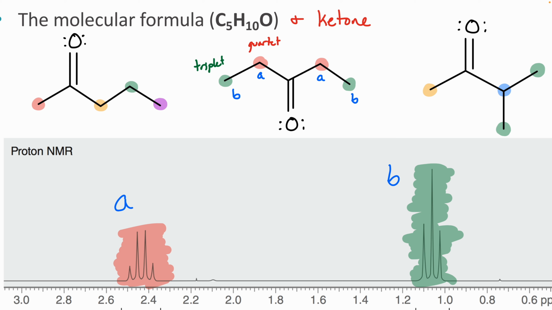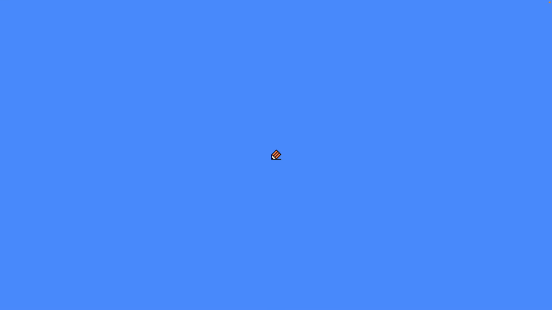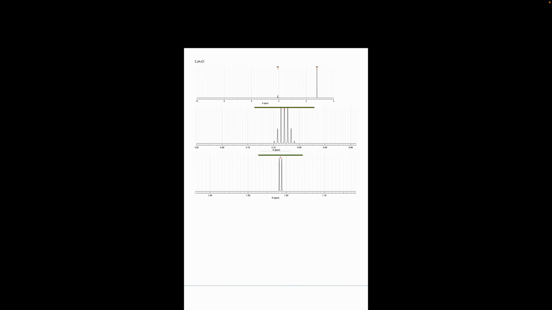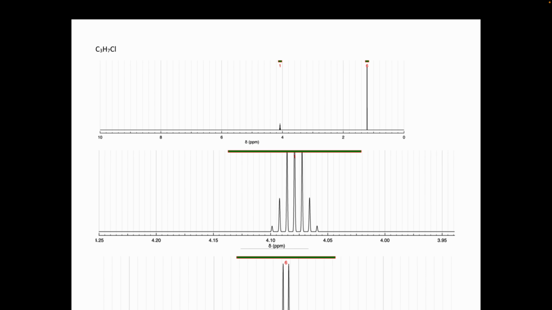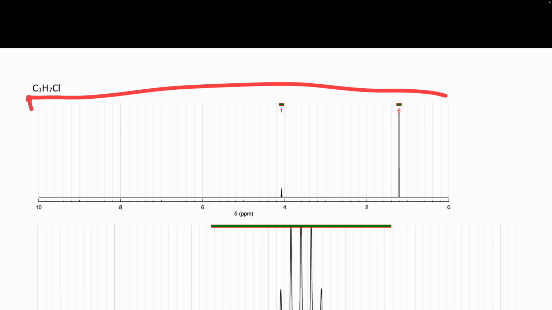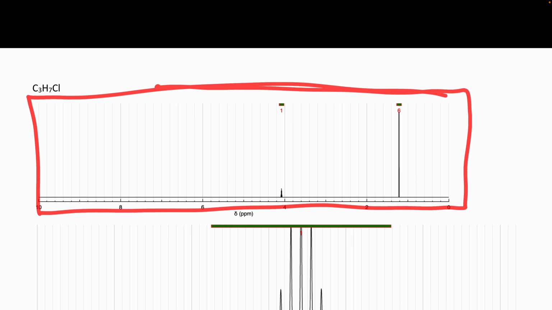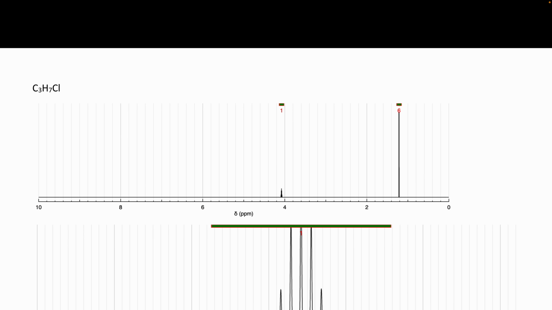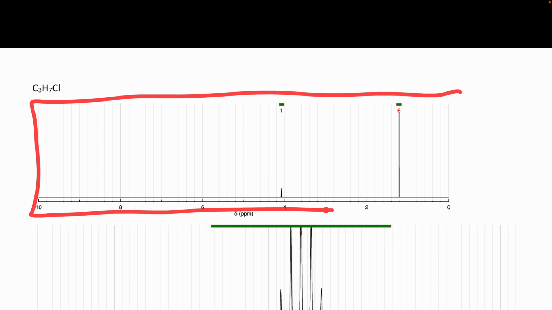All right, so this is what we're going to practice a whole bunch throughout these next few weeks. Let's take a look at another example here. I'm going to tell you our chemical formula, C3H7Cl. Let me just explain what's going on here. On top, we have our H1 NMR spectrum, and you see the full spectrum.